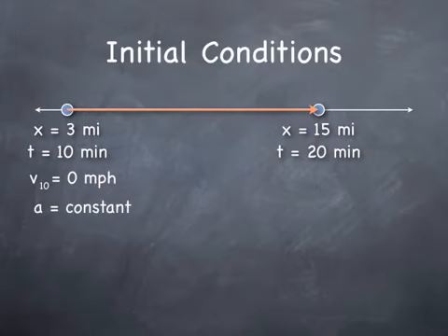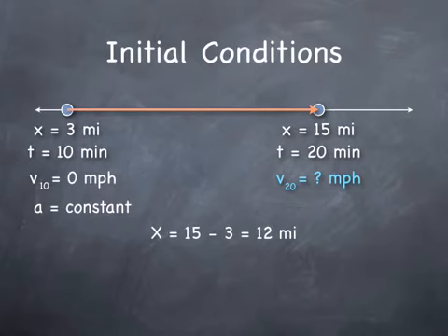Another initial condition is that our acceleration is constant. We are not hitting the gas or hitting the brakes. We're going to be nicely, steadily accelerating at a constant rate. The question then is, what is our final velocity at time 20? How fast are we going when we hit the 15-mile marker?